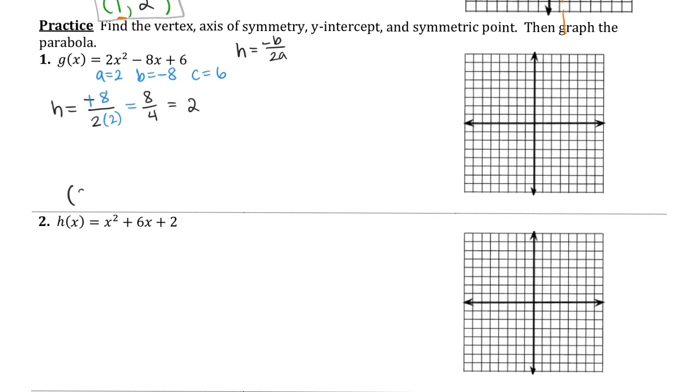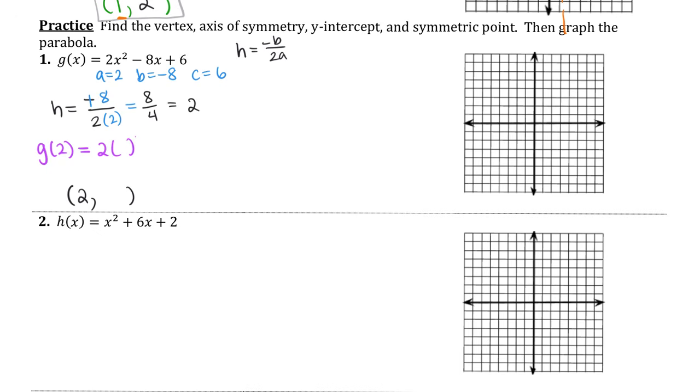So my vertex is 2 comma something. To get the y coordinate, I'm going to substitute my x value back into the original function. Since this function is called g, I'm going to call it g of 2. You can also say y equals, you can say k equals. It's up to you. Okay, now the formula is 2x squared minus 8x plus 6.